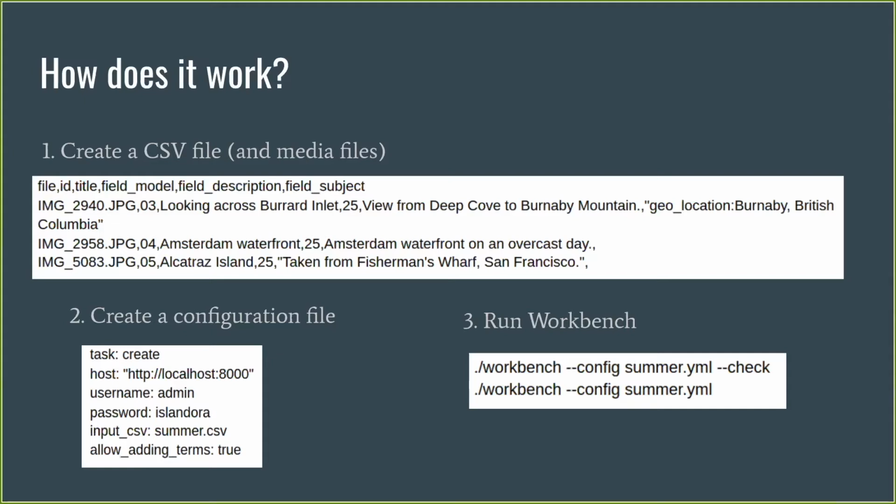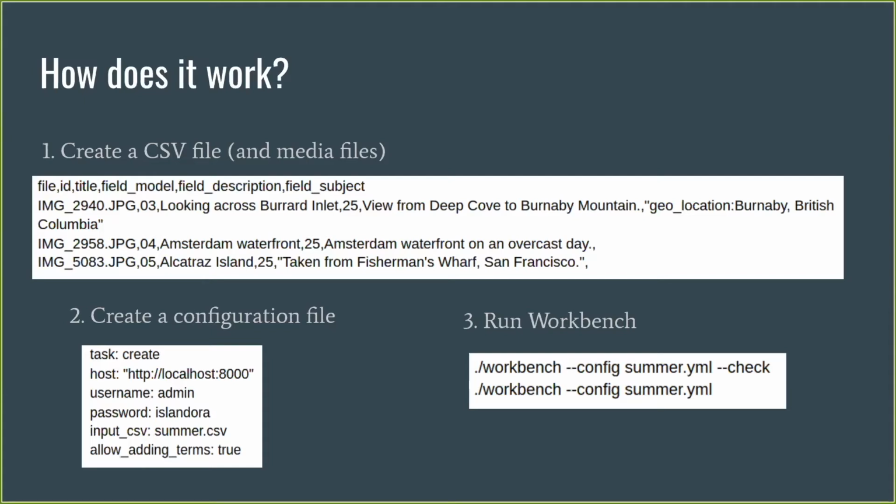The geolocation colon tag there is necessary because if you're adding Burnaby, British Columbia as a taxonomy term, and the field subject is linked to multiple vocabularies, you need to tell Drupal which vocabulary to add it to. That's all it does. You're going to see this pattern a few times in Workbench if you get into it at all.